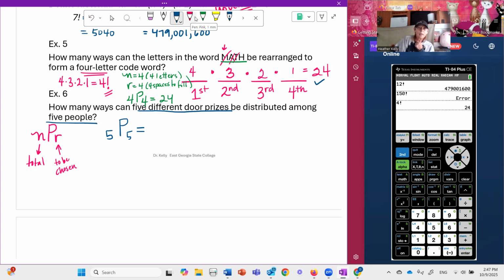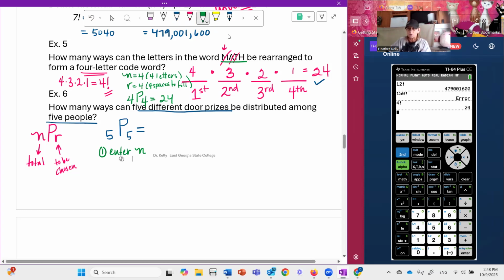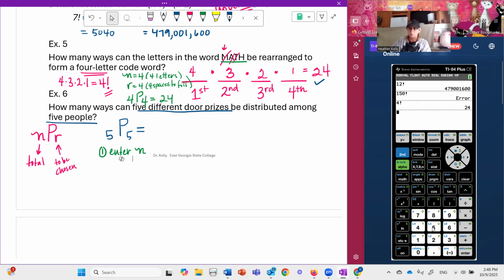Now, how do we do this? We're going to first enter the value for N. In this case, it's 5, and I'm going to do one that isn't all the same numbers later, but right now we're going to do 5.